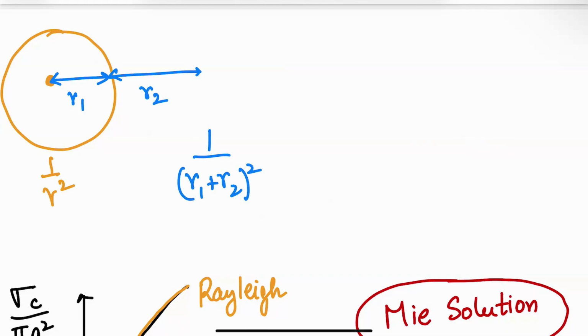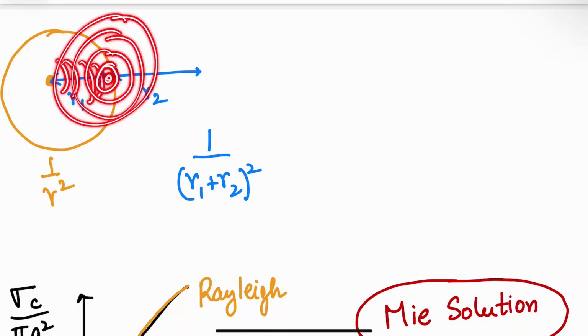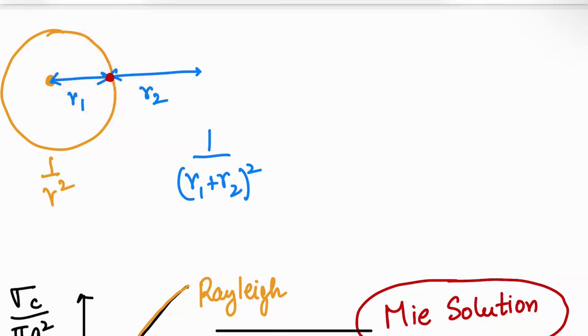Okay, but now if I place another scatterer here, right, then these waves reach this scatterer. Then again from here they got scattered out. Right? So if it goes through two scatterings, then by the time the field reaches here, it would be 1 over r1 square times 1 over r2 square. Right?